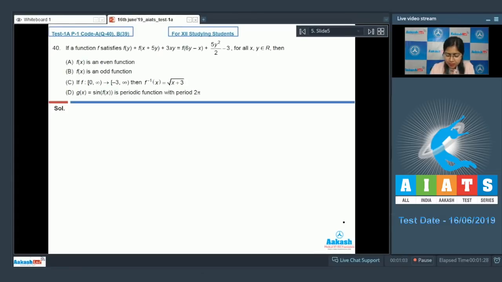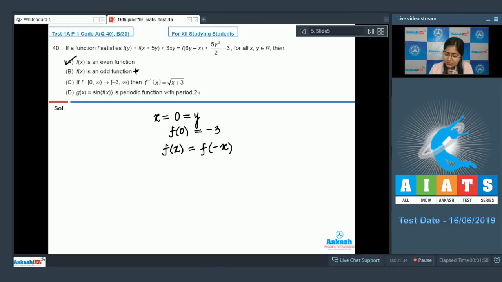In the given functional equation, if we put x equal to y equal to 0, then we will get f(0) equal to minus 3. Also, if we put y equal to 0, then we will get f(x) equal to f(minus x). That is, the function is even. So option number A is correct and eventually option number B is incorrect.